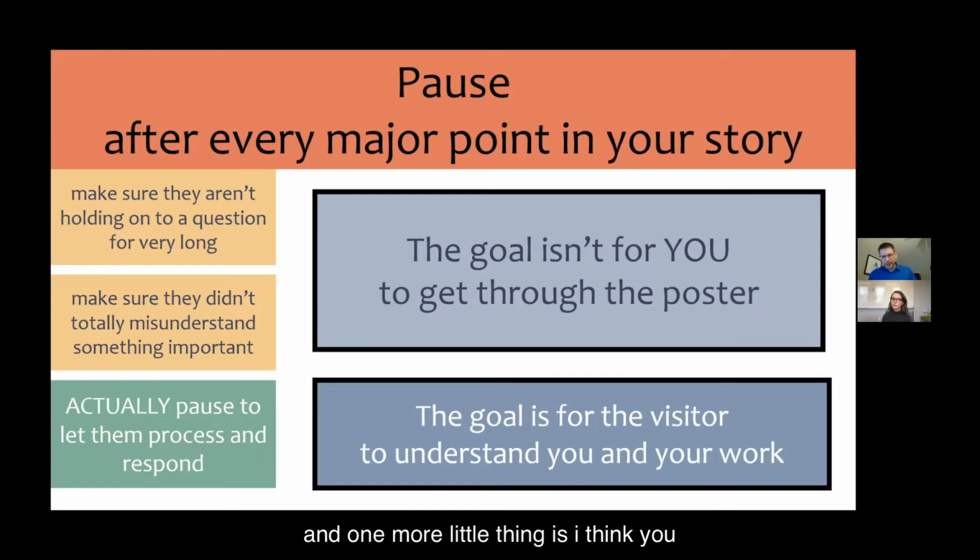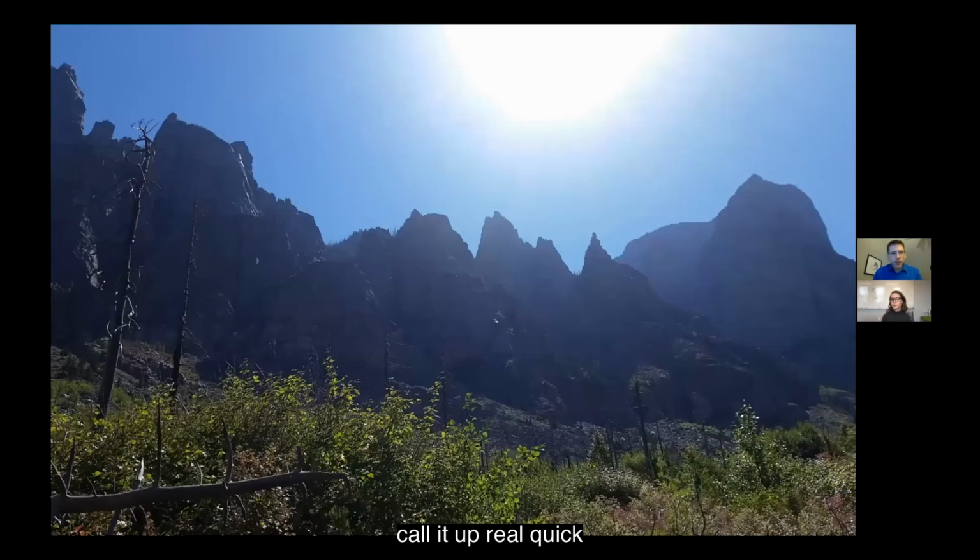One more little thing is, I think you saw just a moment ago, your major points that if you just had, like 1 minute, I would set those apart, use contrast, make the text bigger, put it in a box that has a big thick border, and have uniform structure for those things. Let me see if I can call it up real quick. Here's one.